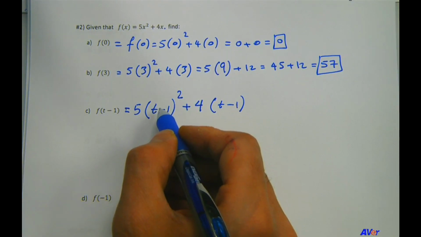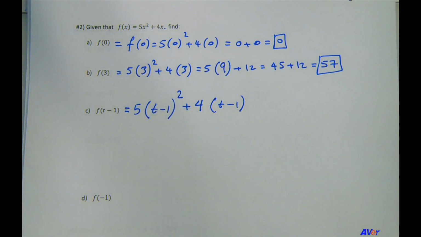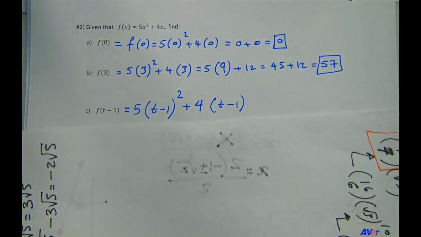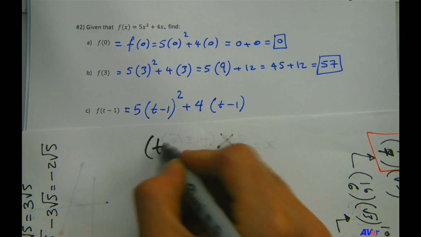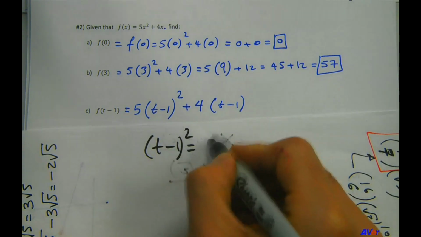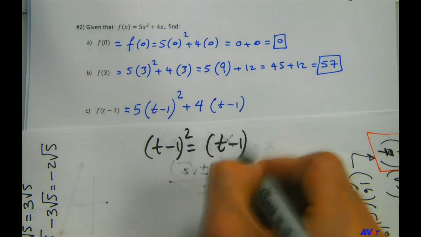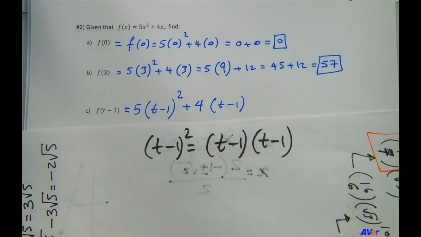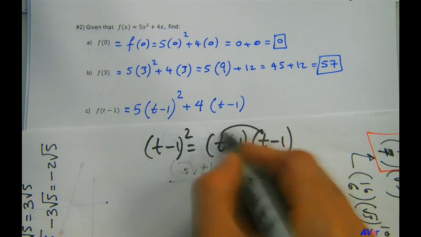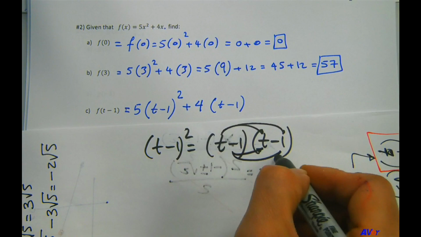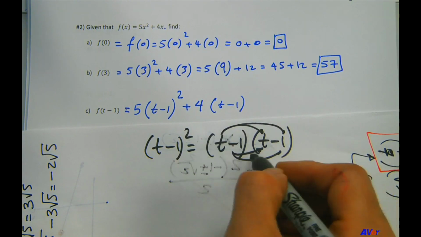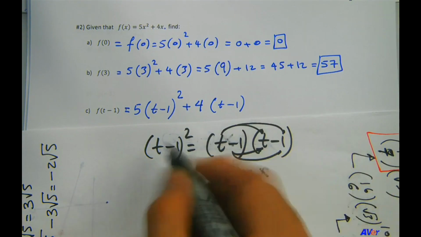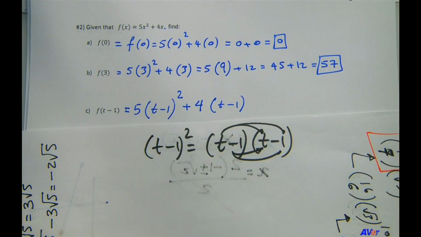Either you FOIL it, so t minus 1 squared is equal to t minus 1 times t minus 1. And then you FOIL it. You can do that, right? That'll take some time. Or you remember the special product formula.